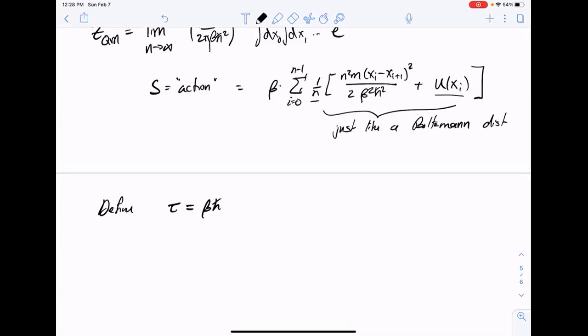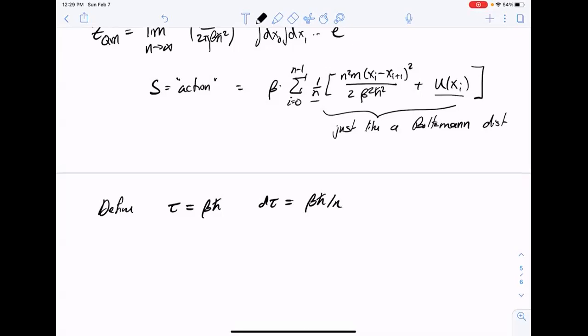The uncertainty principle, delta E times delta t equal to h bar, tells you that if I take h bar over an energy, I get a time. In the limit that n is large, I can think of an infinitesimal change in some time as a limit where that n is really large. That's the limit we want to work in.